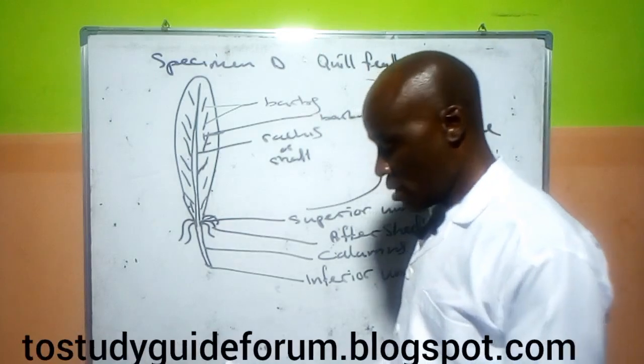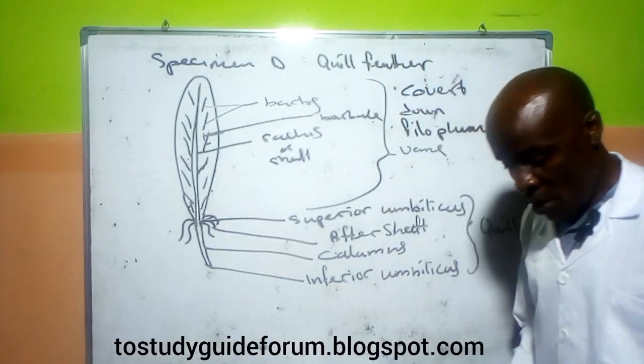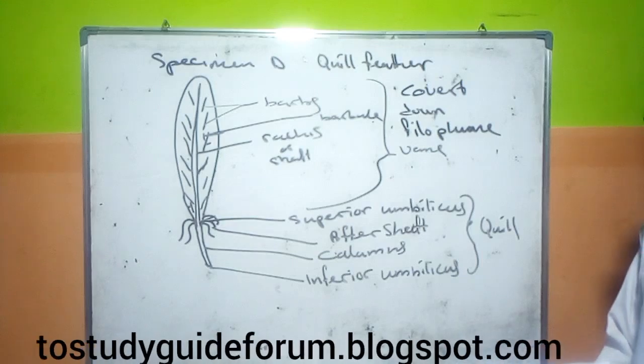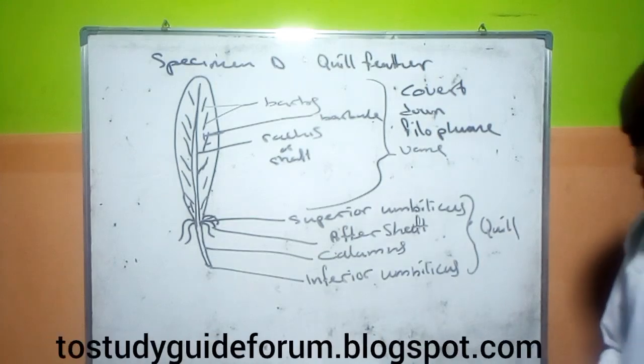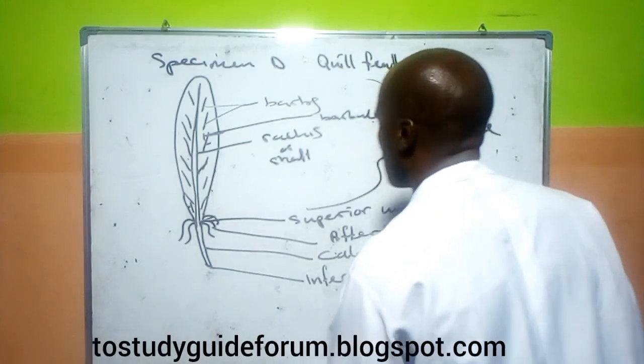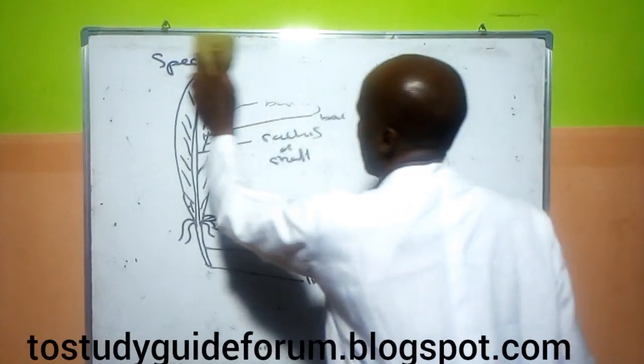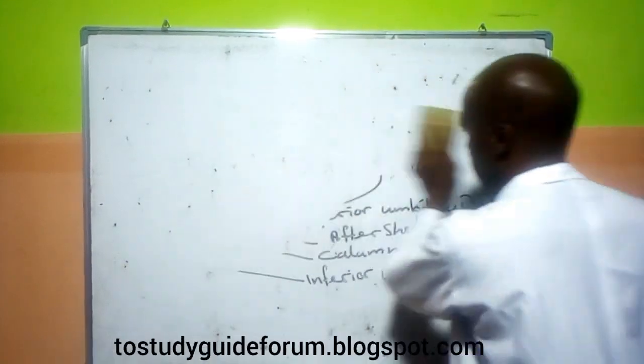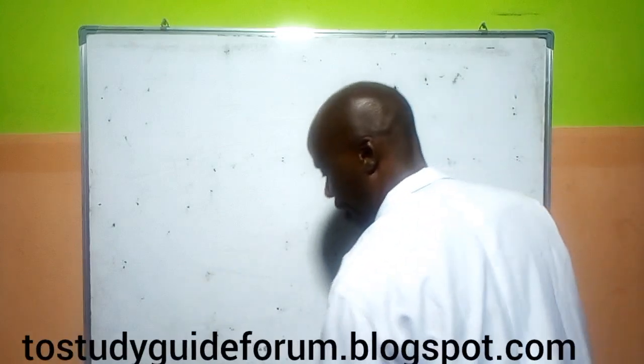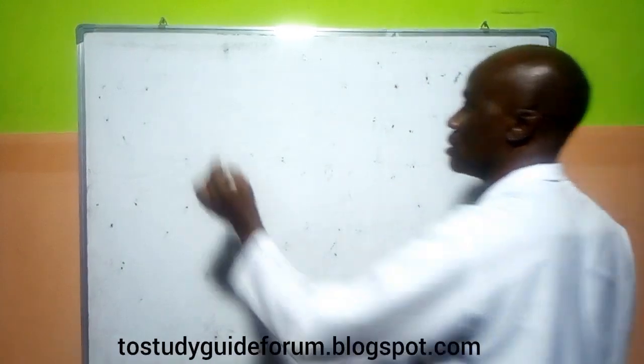So the next specimen we have here is specimen E. The specimen E is the pineapple fruit. The pineapple fruit, that's what we have.